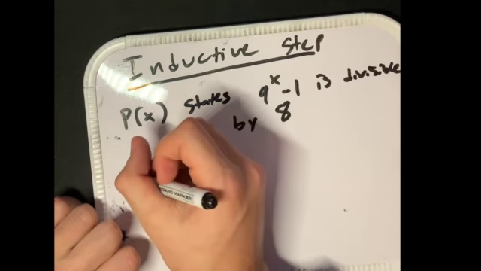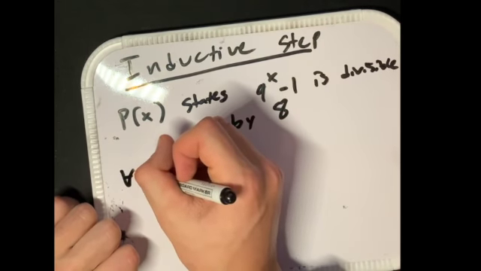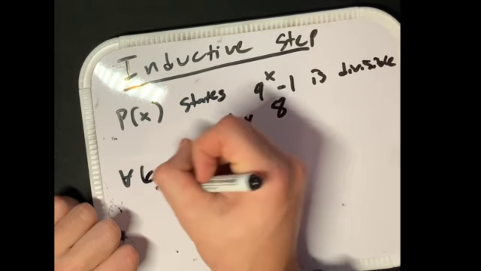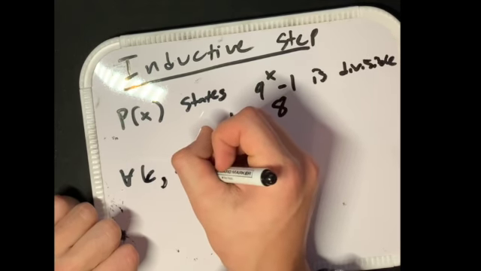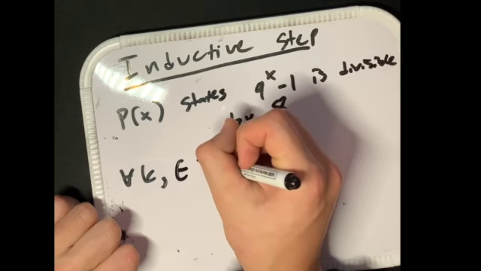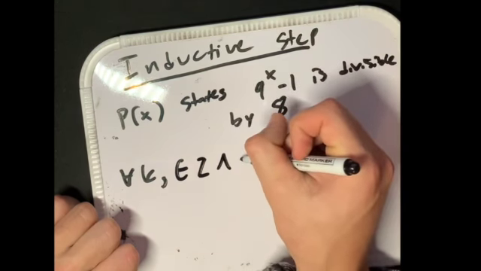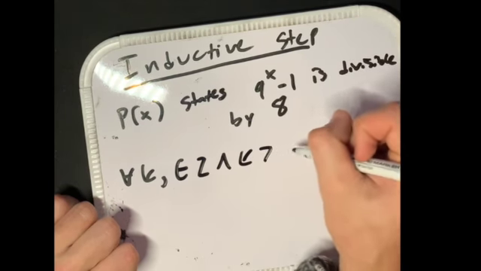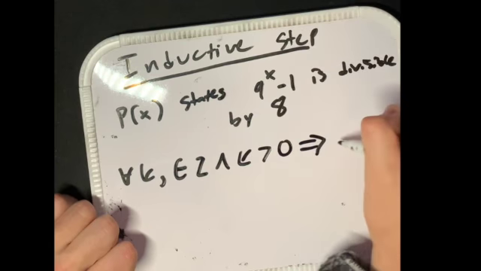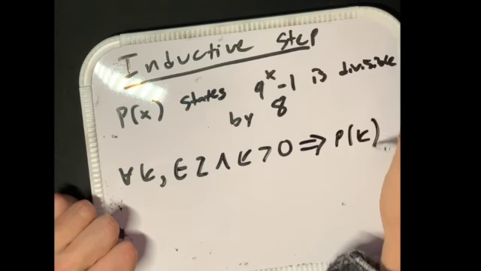Using this predicate, we can now formulate an expression that represents the problem. For all k that exists in Z, which represents the subset of integers, and k is greater than 0, implies p of k.